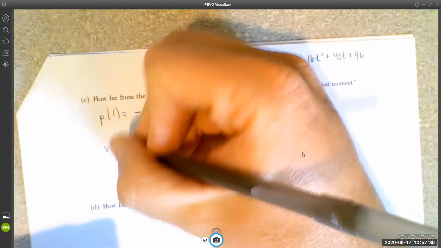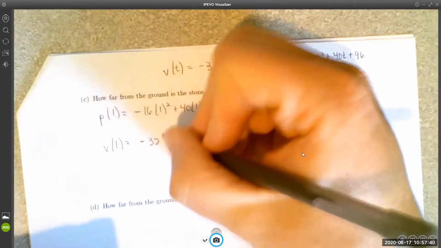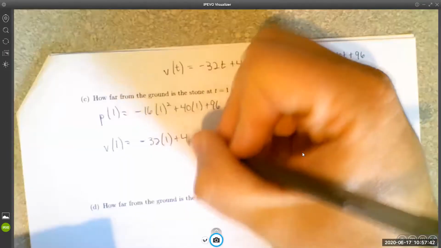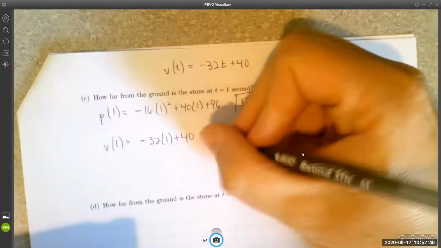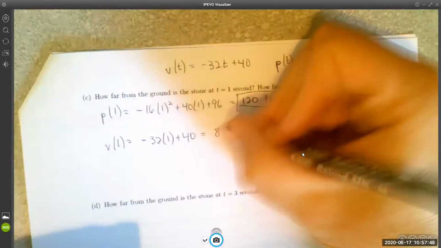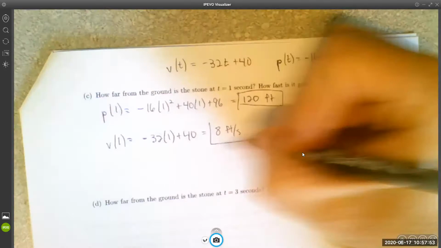How fast is it moving? Well, that would be negative 32 times 1 plus 40. That would be 8 feet per second, which is actually not very fast, right?